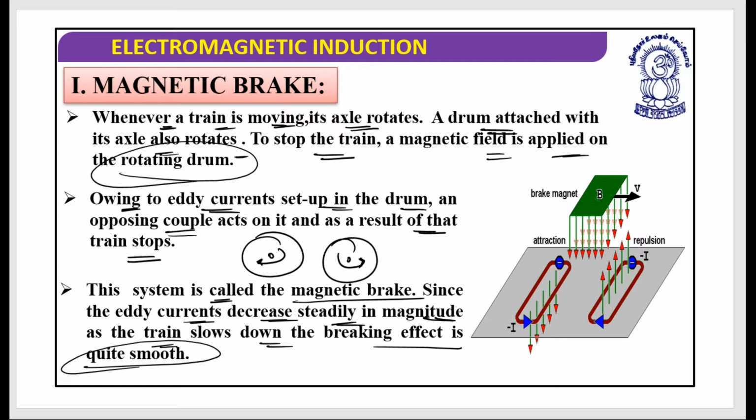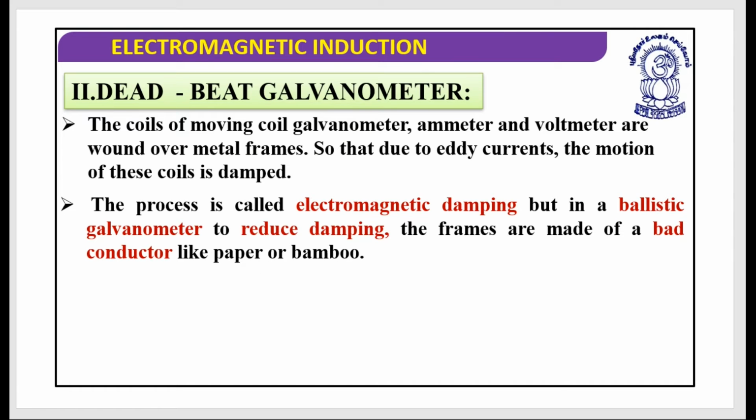Now let's look at the second application. It's the dead-beat galvanometer. The coils of moving coil galvanometers, ammeters and voltmeters are wound over metal frames so that due to eddy currents the motion of the coil is damped, and the process is called electromagnetic damping.